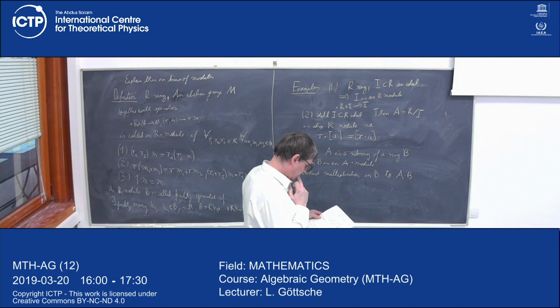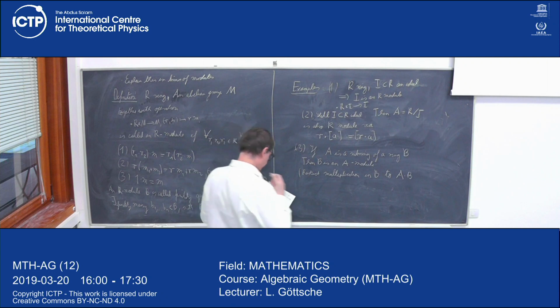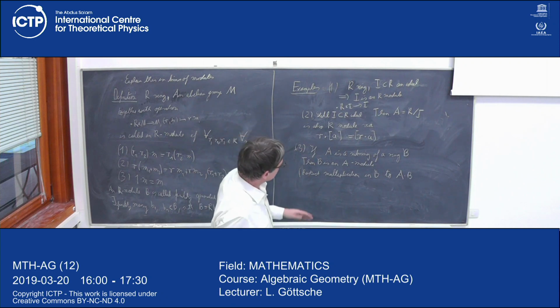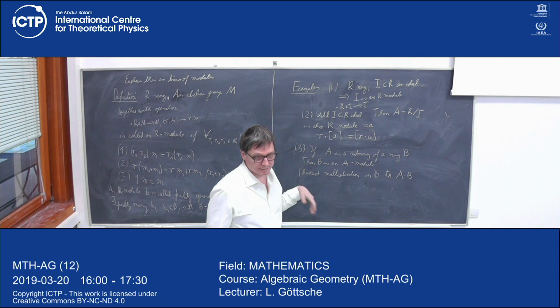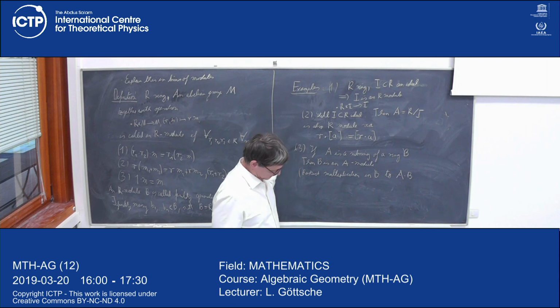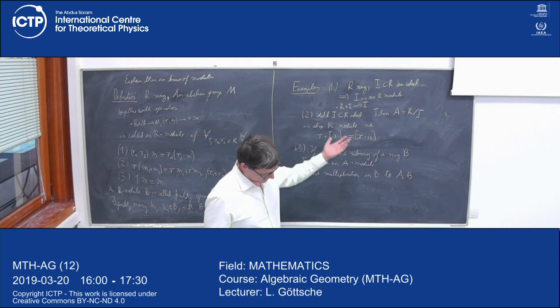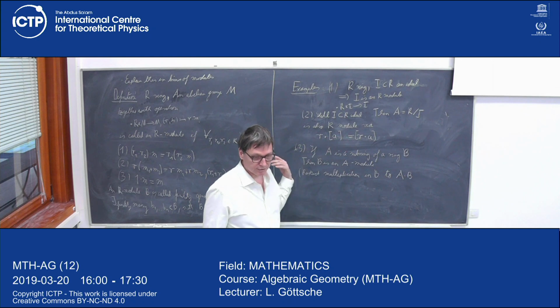Okay. And note we see, if now our rings happen to be K algebras, we get modules, and we look at K algebras, and the K algebra will be finite over another K algebra if and only if it is a finitely generated module.